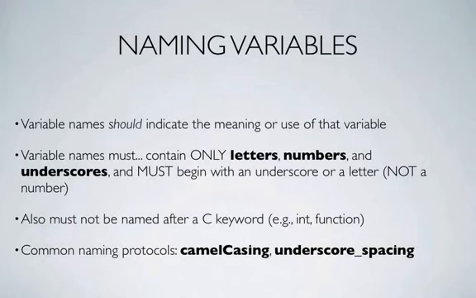The next protocol is using underscores to space different words. So if we wanted to apply that to the words camel casing, we would do camel_casing, with no capital C in the word casing. So both are fine. You don't even have to follow these protocols. It's just the two most common ways that programmers today name their variables.